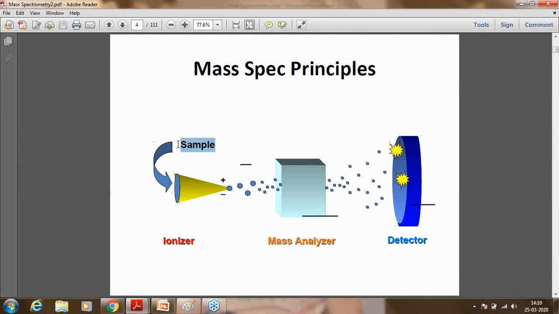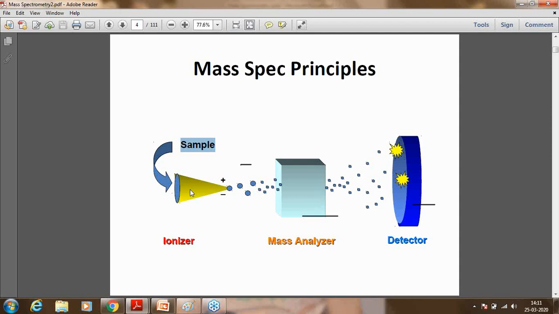So what we will do, we will introduce this sample into the ionizer, and this ionizer will split this sample into different ionizing fragments, meaning the fragments will have the positive charge as well as the negative charge.